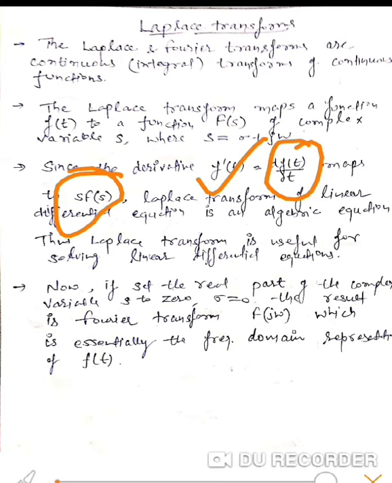We have converted the differential part of the equation into an algebraic term, which we can analyze easily. Thus, Laplace transform is useful for solving linear differential equations, and linear differential equations are useful while analyzing the stability of linear time invariant signals.